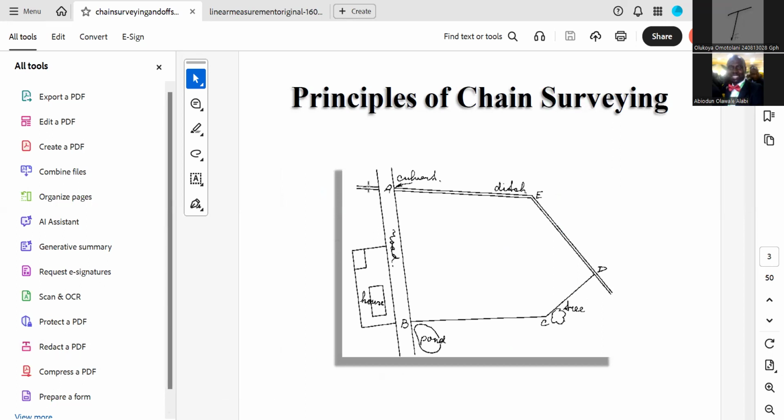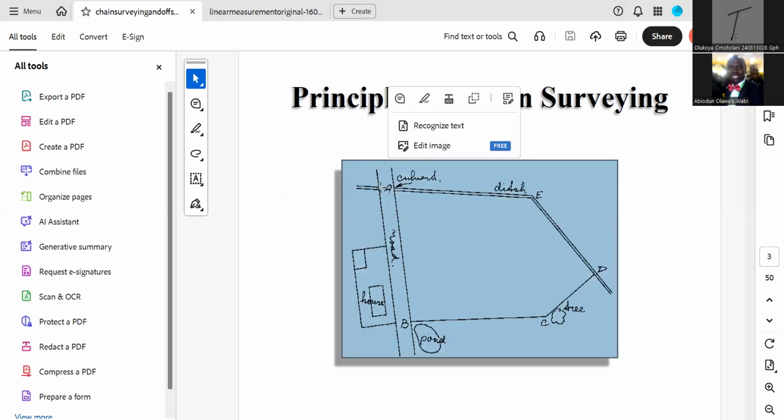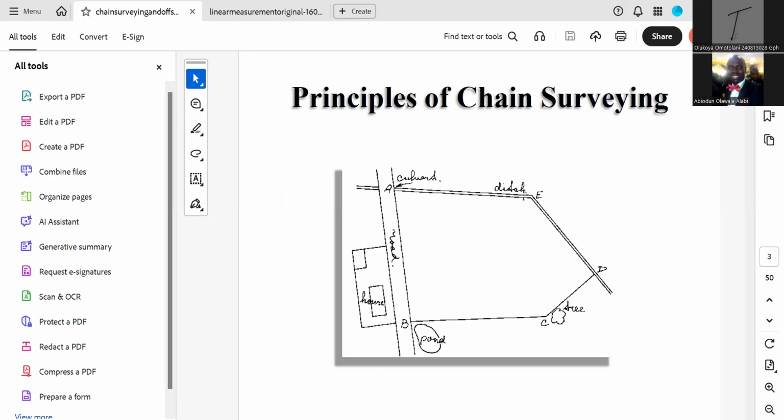Look at this. Stations A, B, C, D, and E are the main stations. So the lines connecting these main stations are called the main survey lines, or sometimes they call them the chain lines, because these are the lines that define the property, the area.